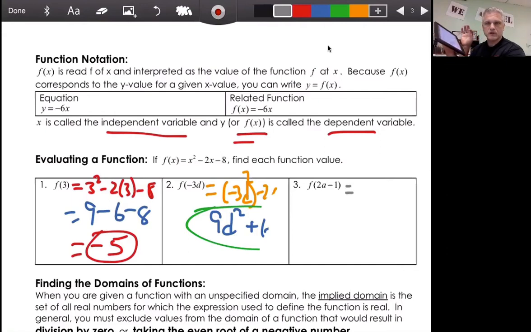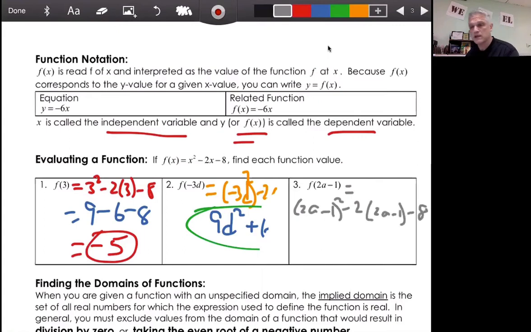Okay. This is finger on iPad, so I'm not going to be able to be too precise here. All right, so instead of x squared, it's 2a minus 1 squared minus 2 times 2a minus 1, then minus 8. Okay, straight substitution again.